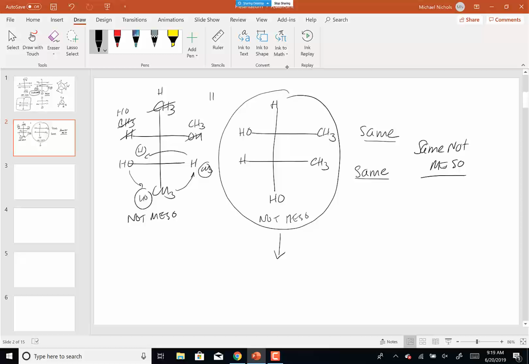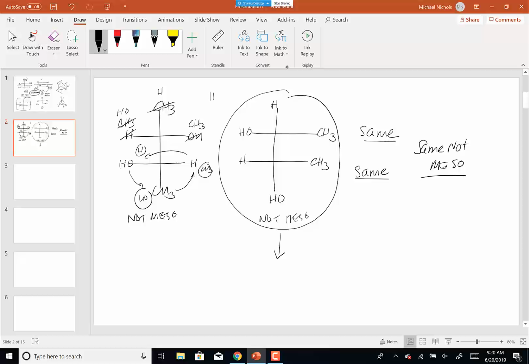So why can 2 not mesos ever be diastereomers? The only way they would be diastereomers is if the top carbon was the same or opposite and the bottom carbon was the opposite pair. Okay? So if we take this not meso compound and we write its diastereomer, that means that the methyl groups are already switched, are already lined up, right?